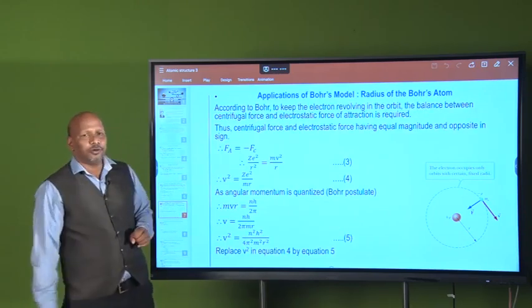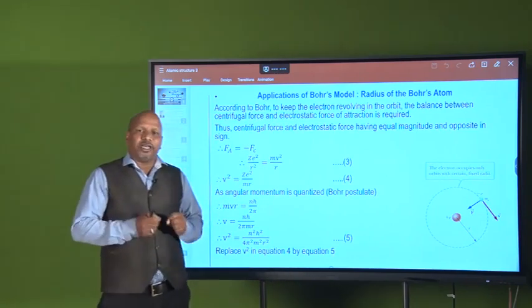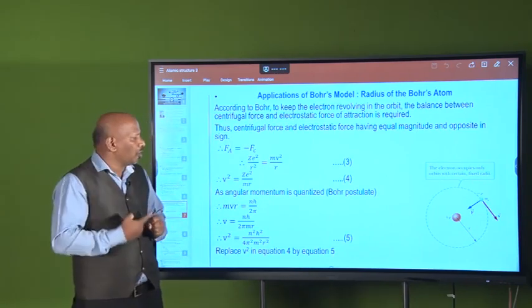Now, according to the Bohr model, the electron revolves in particular orbits only.